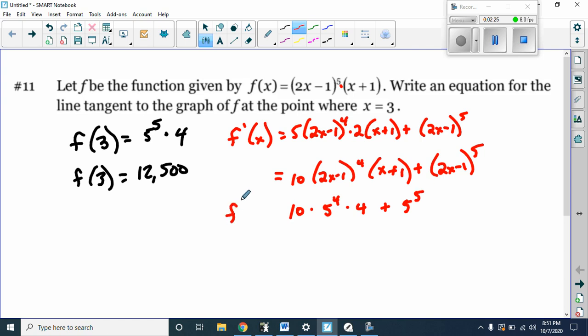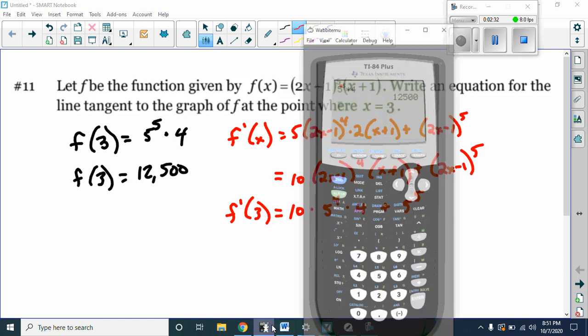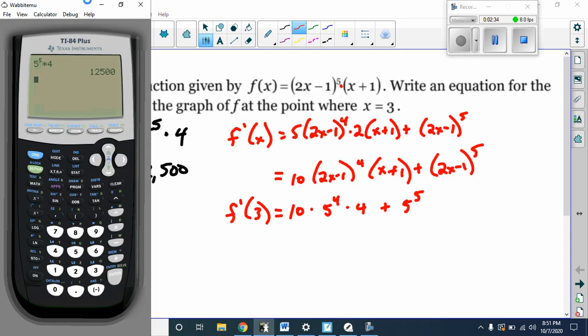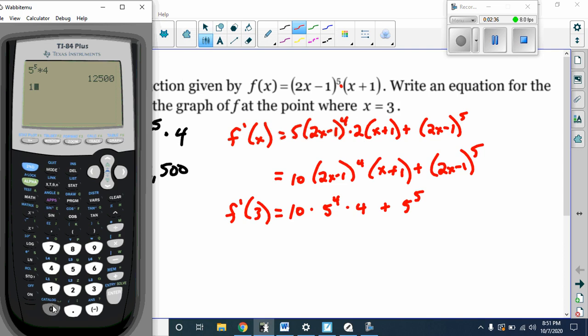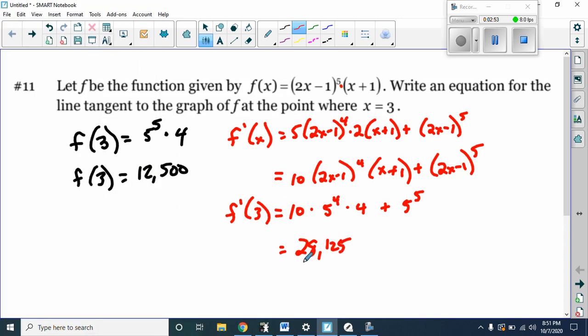And that is the derivative evaluated at our x value. So the slope is 28,125. That's pretty steep. So this is my point, this is my slope.